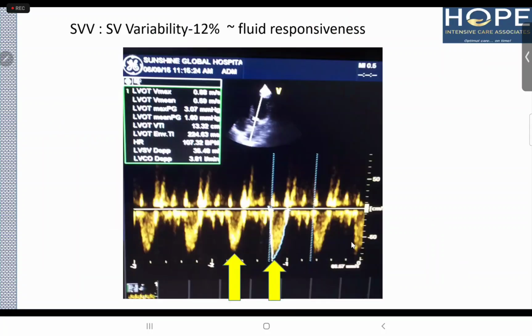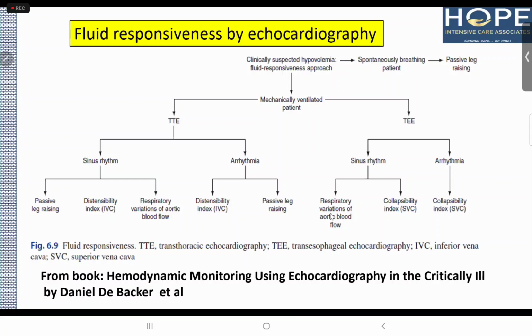And from there, this is a flowchart given by Daniel De Backer in his publication, where the patient is suspected of hypovolemia and you want to look at fluid. You need to look at whether you are doing transthoracic or transesophageal, and whether the patient is mechanically ventilated or spontaneously breathing. For a spontaneously breathing patient, do passive leg raising.